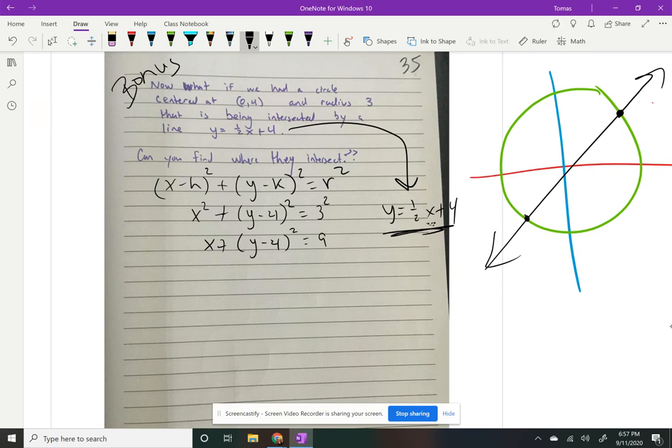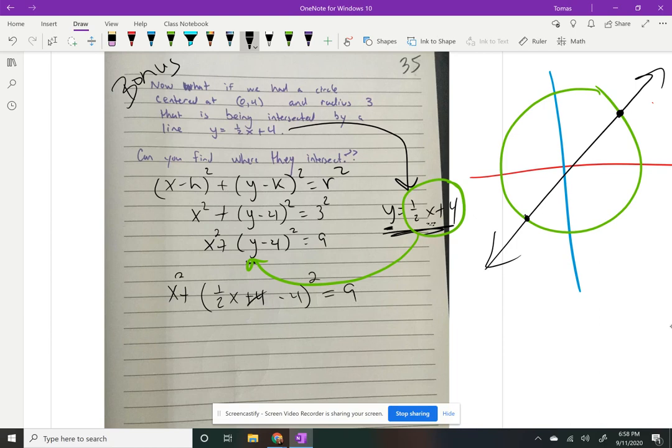So this y would be equivalent to this y, so I could literally put this for this y. So I would have x squared plus parentheses 1/2 x plus 4, that's just this y, all of this goes in there, minus 4 squared equals 9.